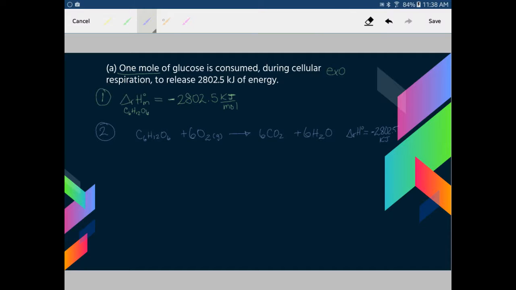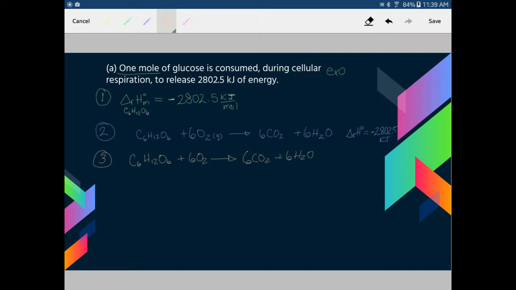Now, method number 3, essentially it's the same equation, except this time we're going to record our enthalpy as a value in our equation.